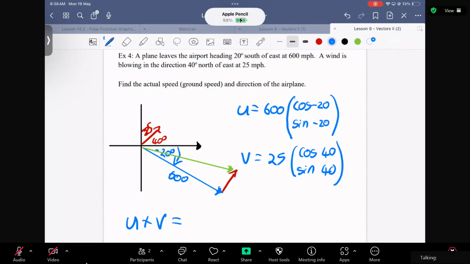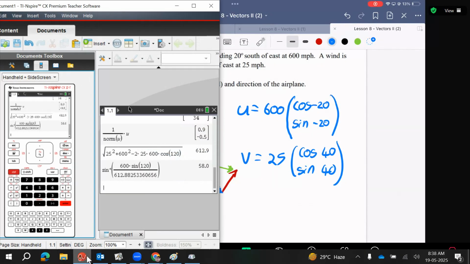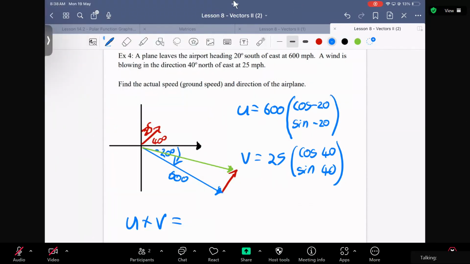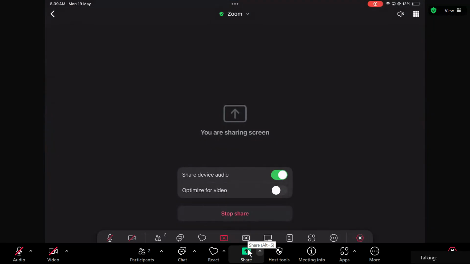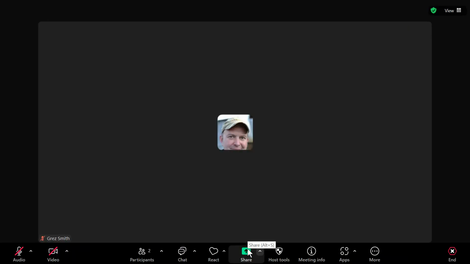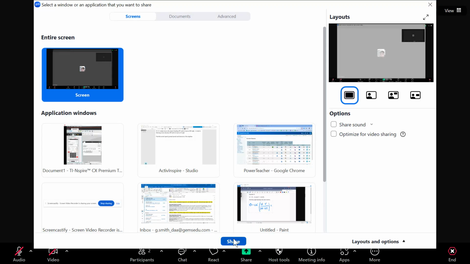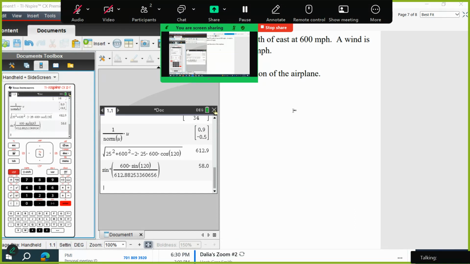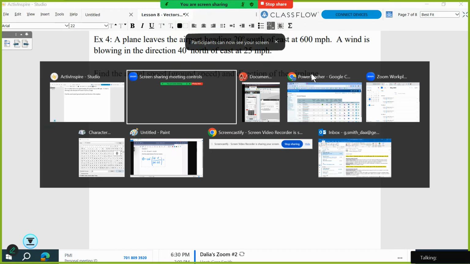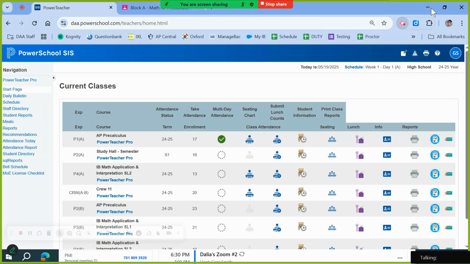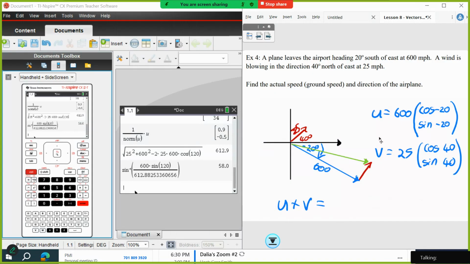So let me pull up my calculator. Let me share that for you guys here in the classroom. All right, so what we want to do is enter in our two vectors.